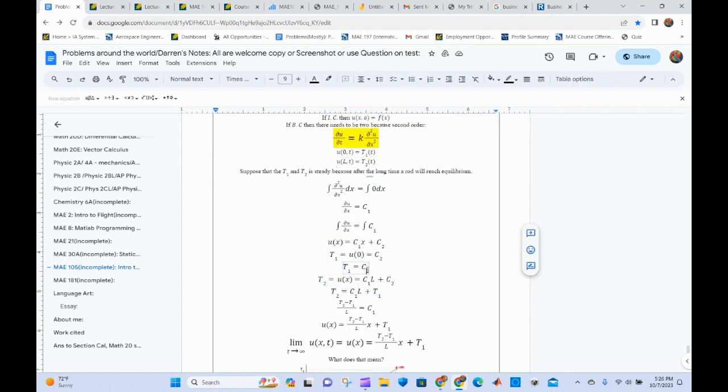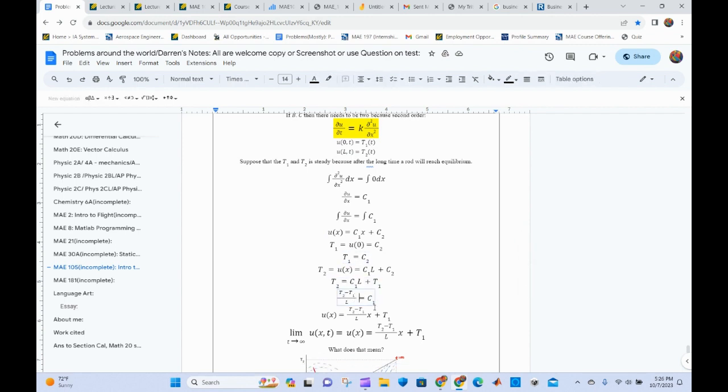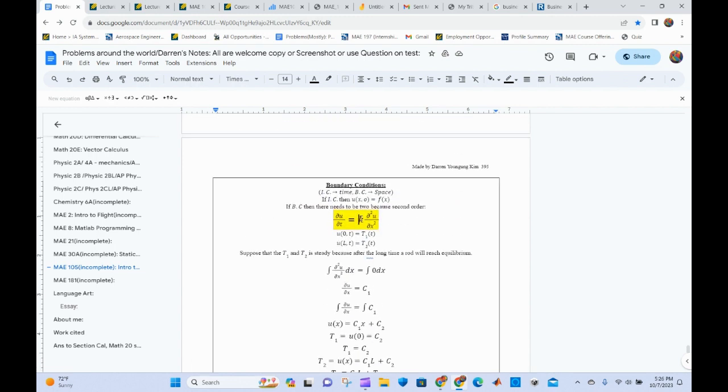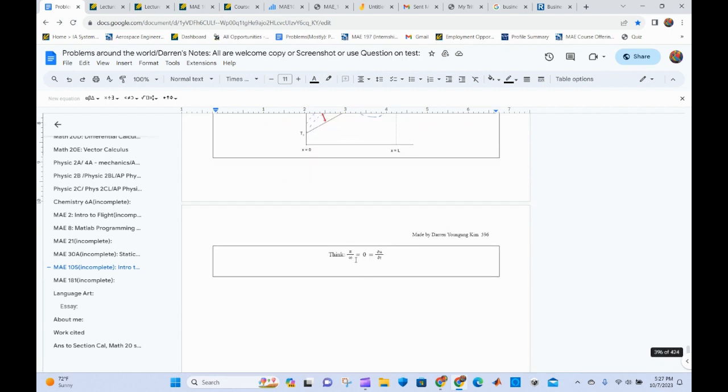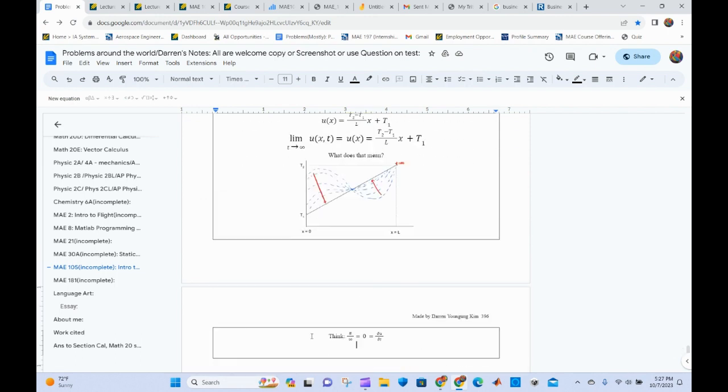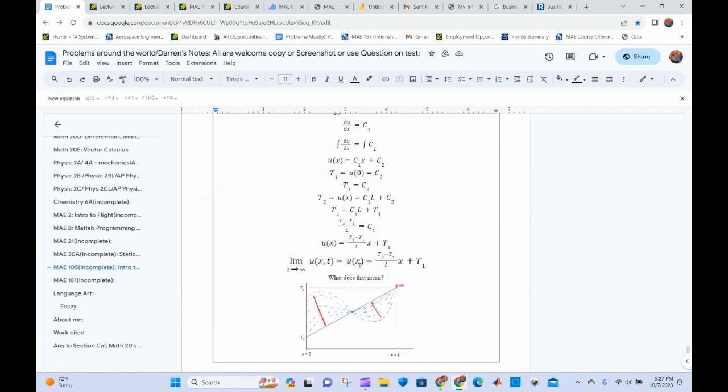That makes sense with this derivative, because what is the second derivative in the x direction? You're going to either get a T1 as a constant, or, which I haven't done yet, both of them being 0, which is why I now understand why the professor was so contemplative about teaching this concept.